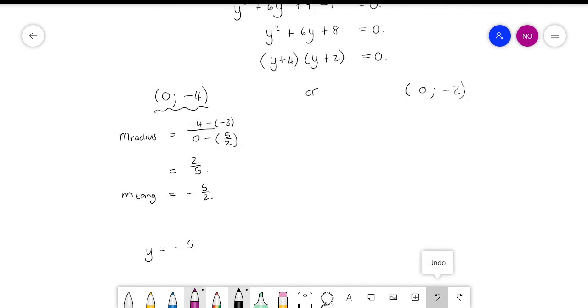Okay, so nou dat ons dit weet, kan ons sê ons weet y gaan gelyk wees aan negatief 5/2 x plus c. I substitute a point, specifically this point, because that is the point where the tangent will touch the circle.